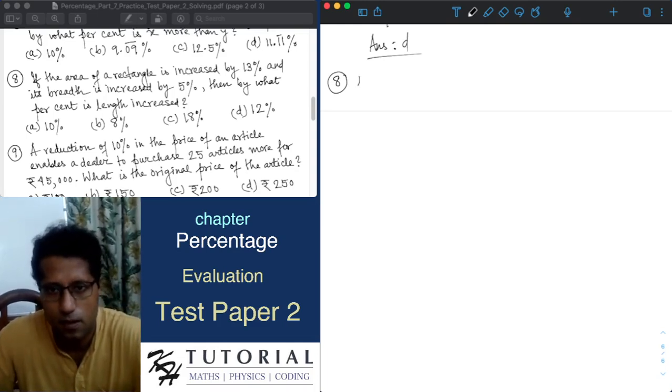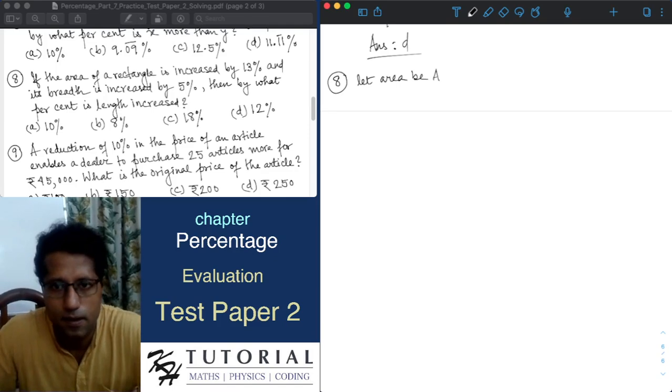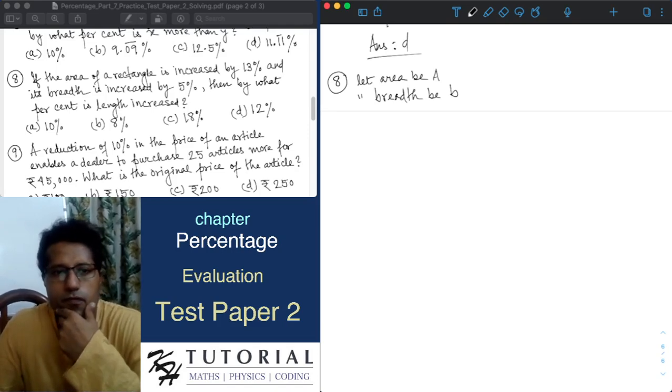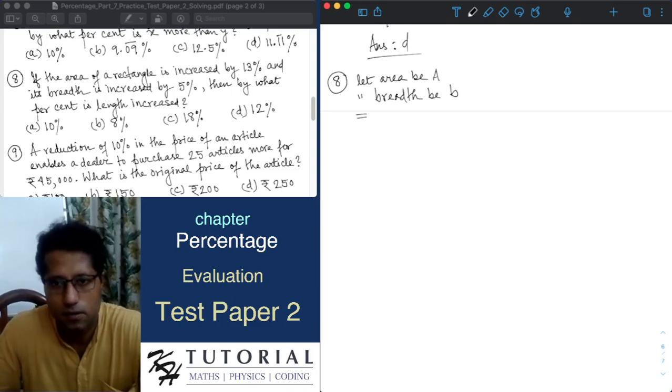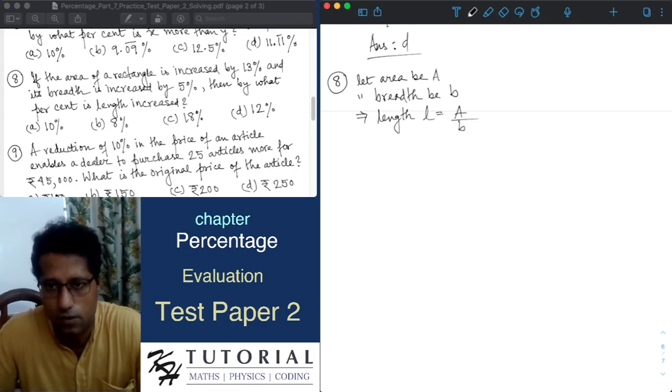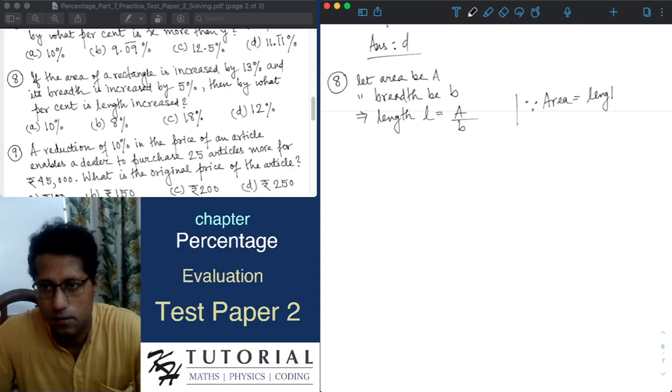So let's say let area be A and let breadth be B. Now if we are assuming area to be A and the breadth to be B, this implies that the length L will be equal to area divided by the breadth, because we know that area of a rectangle is length into breadth.